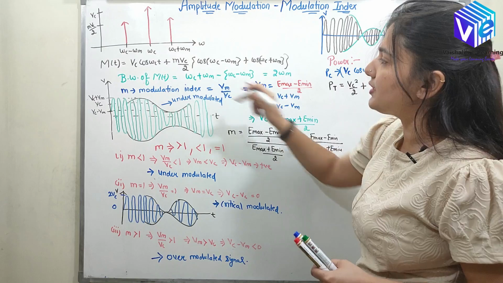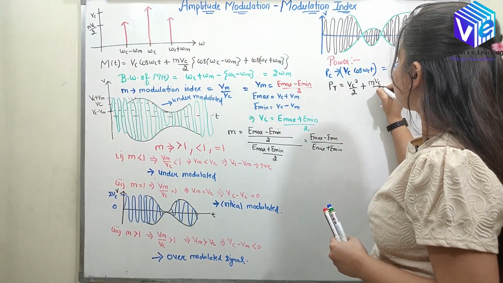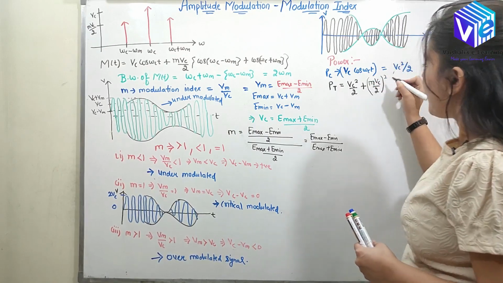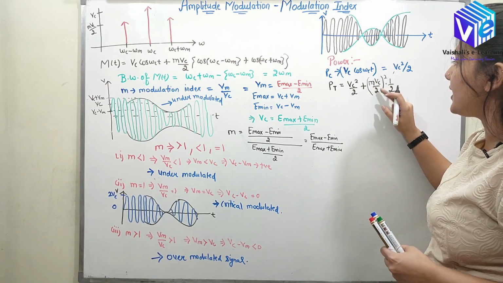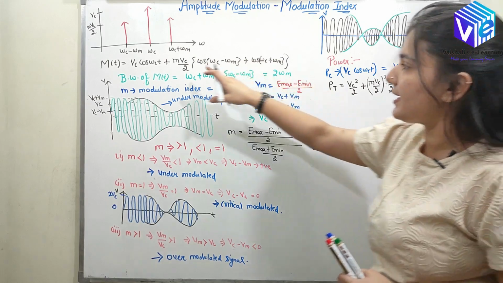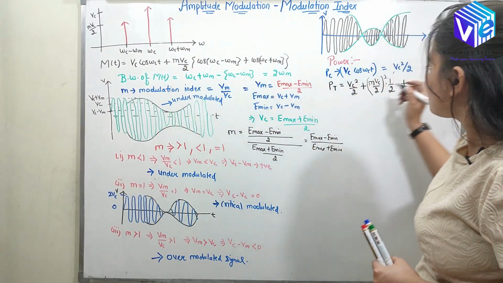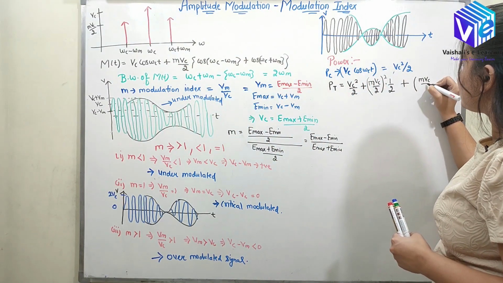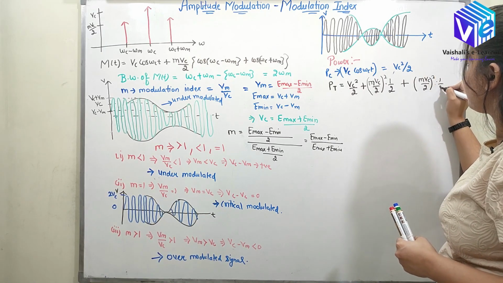Its amplitude is mVc by 2, so its power would be half into amplitude square: mVc by 2 is the amplitude, (mVc by 2) square into half, plus. Again this component has the amplitude mVc by 2, so the power contained in this component would be (mVc by 2) square upon 2, so it is multiplied by 1 by 2.